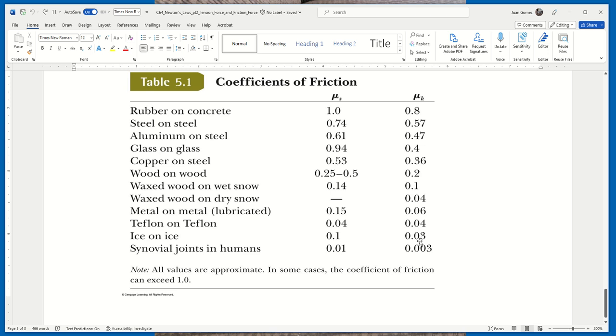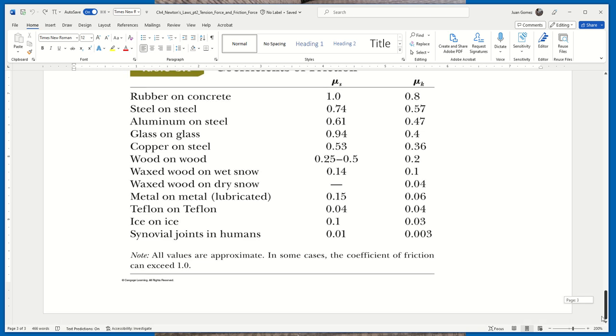Static 0.1, kinetic 0.03. Anything less than 0.1 we say is very little friction. Waxed wood on dry snow, 0.04 for the kinetic. Teflon, a non-stick, i.e. non-friction surface, 0.04. Synovial joints in humans, I believe they're like your elbows, your knees, your wrists, your ankles, 0.003 for the kinetic. But anyway, that's that.